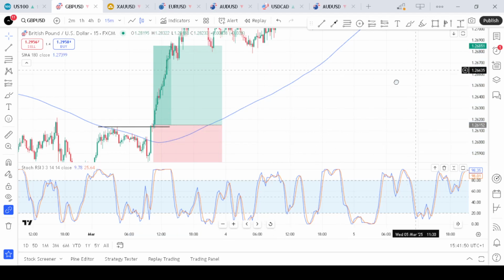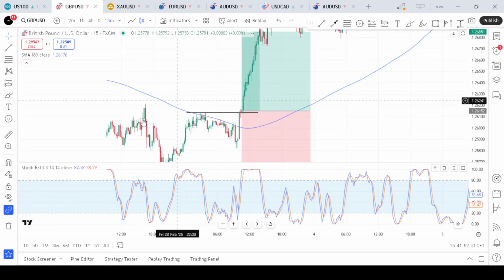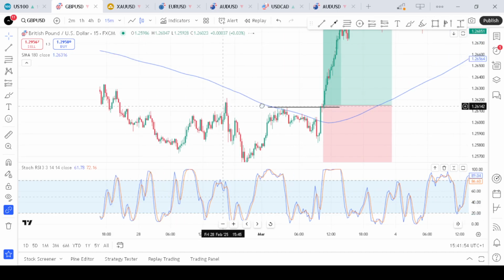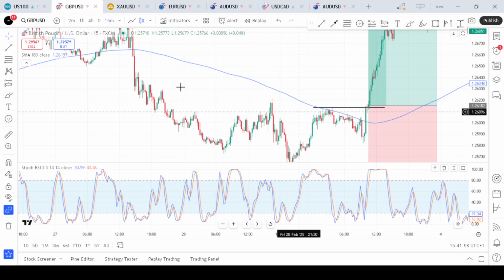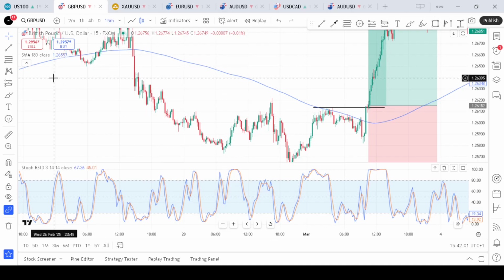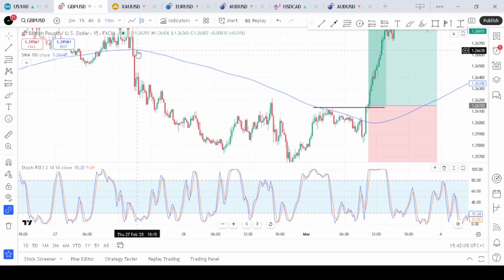For a short position, after confirming that price is below the simple moving average, you wait for your Stochastic RSI to fall from the overbought zone, which is from the 80 region.